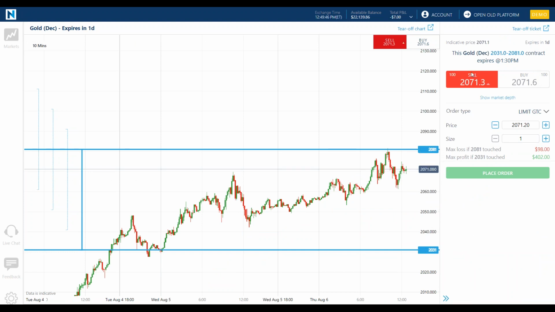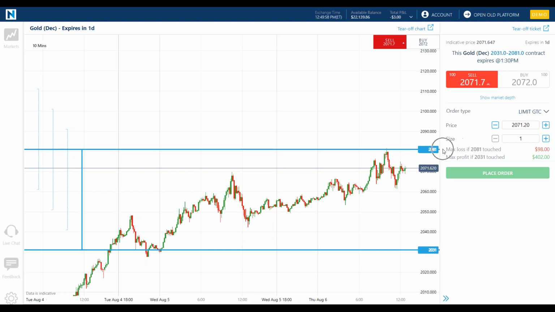Here, if I sold at right here, 2071.20, okay? If I sold and I thought it was going to reverse, I know that if it made it up to 2081, I'm knocked out for my loss of 98. But if it were to come all the way back down, and listen, earlier this week it was right here. So could it turn around?